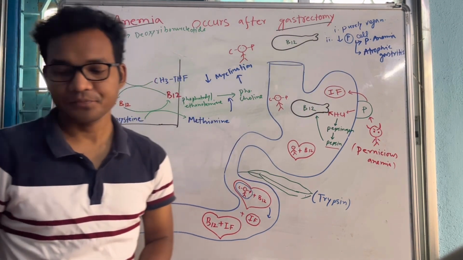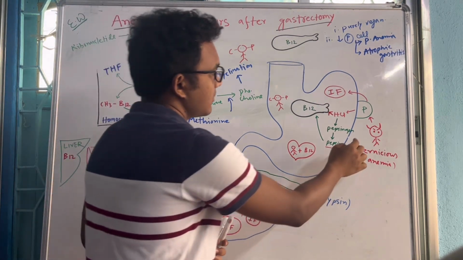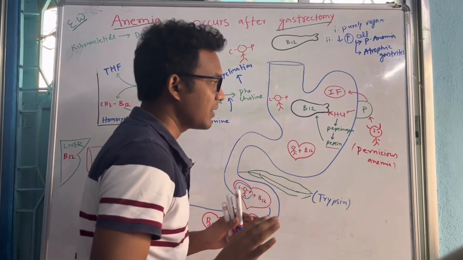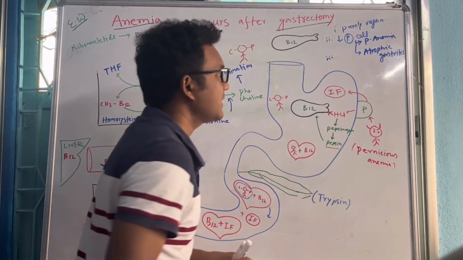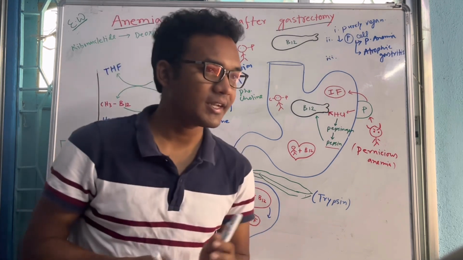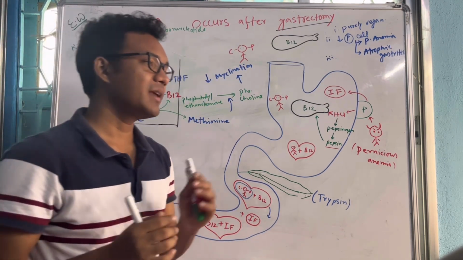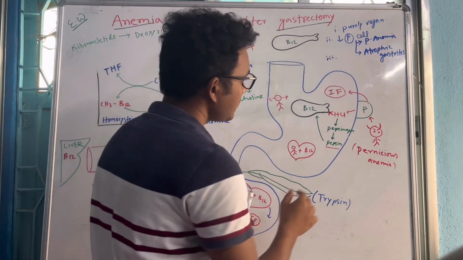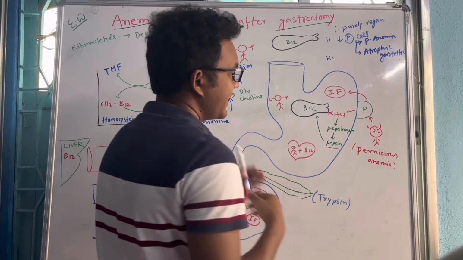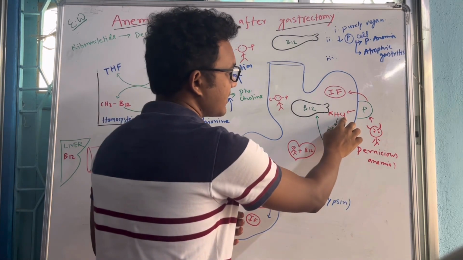Now there is a condition where the parietal cell is normal, but the patient is taking antacid or any medicine that decreases HCl secretion.